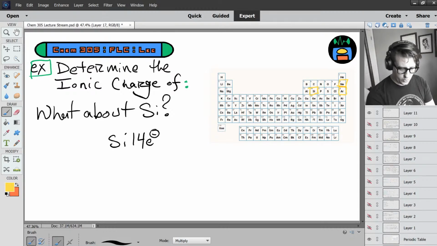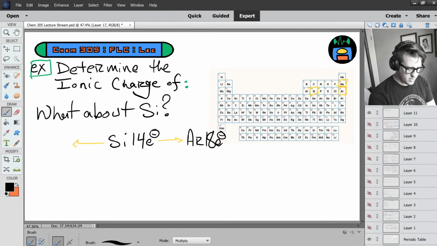If you move 4 spaces to the right, you find argon with 18. But if you move 4 spaces to the left of silicon, you get neon with 10. All right, both of these are 4 electrons away.